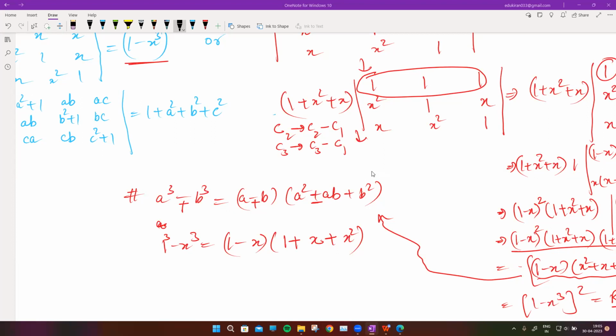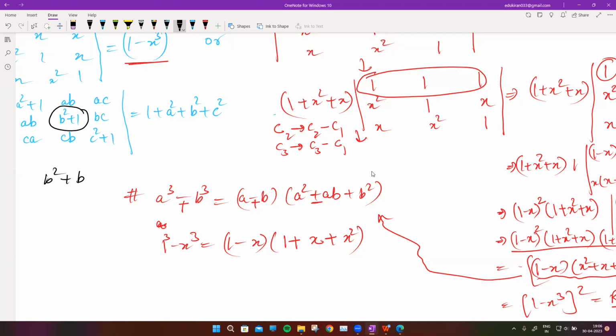So in these types of questions, where there is actually no definite pattern, a is involved with all the elements in row 1, but I can't take a common because a is not with this one. So I would not be able to take a common from the first row. Similarly from the second row, I can't take b common. b is not involved as a whole in b square plus 1.